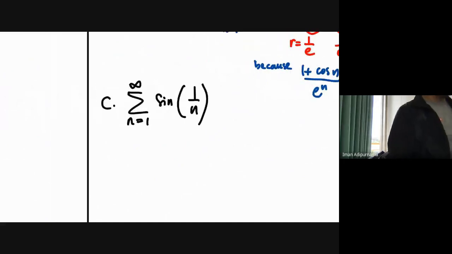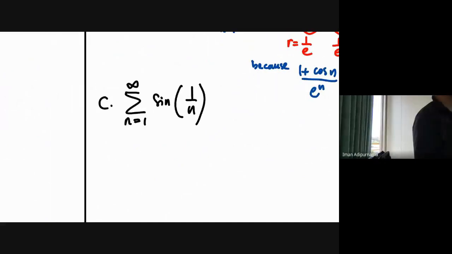Now, the third one is quite tricky. Did anyone find anything or have an idea? You find something? Let me see. What do you think?